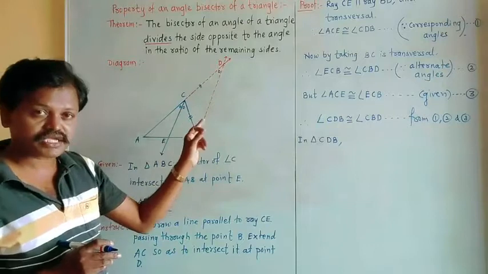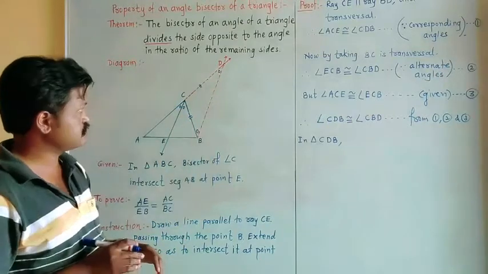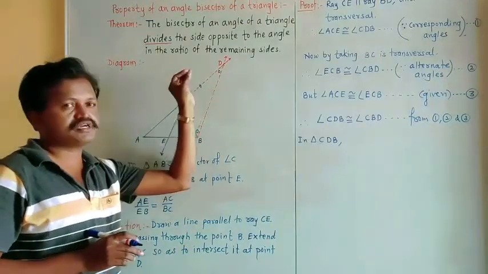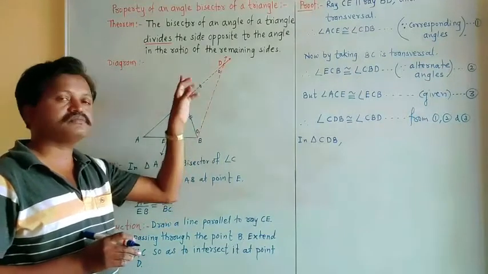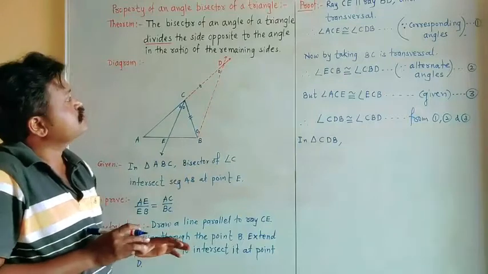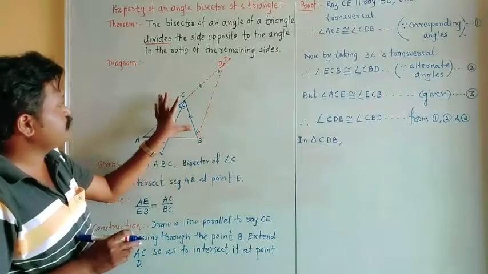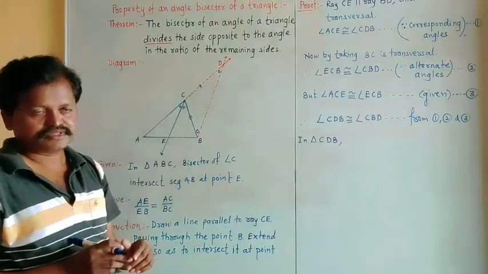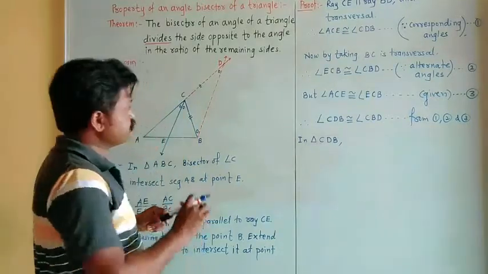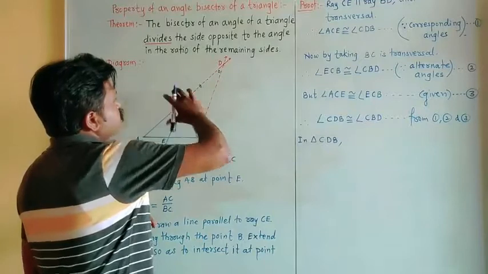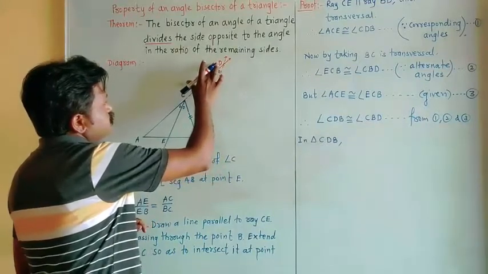That is, sides opposite to congruent angles are congruent. Therefore BC is equal to CD. So we write side BC is congruent to side CD.